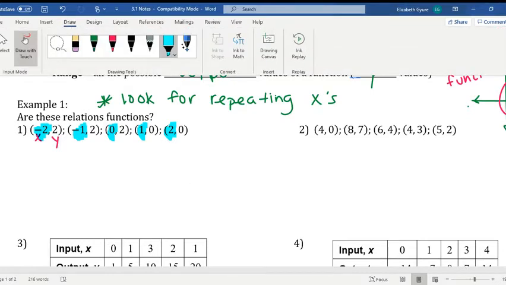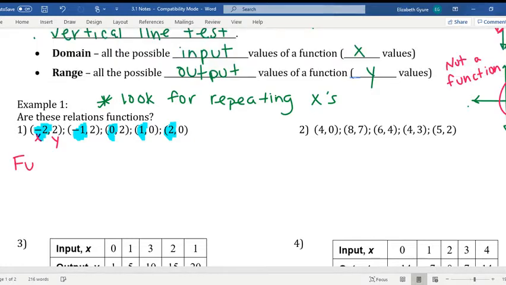So we would just say that this is a function. And something you're going to be asked to do is explain or pick out a proper explanation. So we're going to say function, because now there's a few different ways you could say this. You could say function because none of the x's repeat. That's one way some people say it.